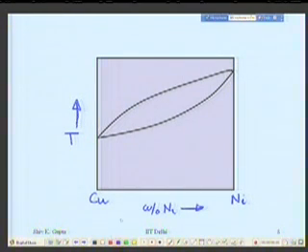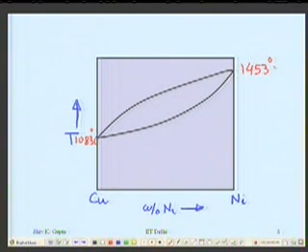And here is the melting point of copper, which is 1083 degrees centigrade. This is the melting point of nickel, 1453 degrees centigrade. And this is the single phase field liquid, this is the single phase field, the solid phase we call alpha, and in between I have the two phase region here.